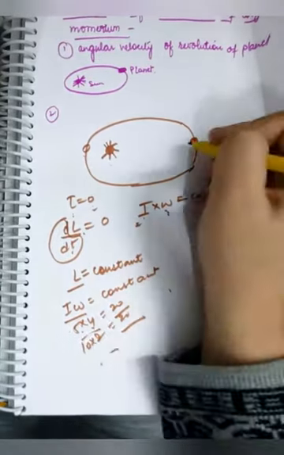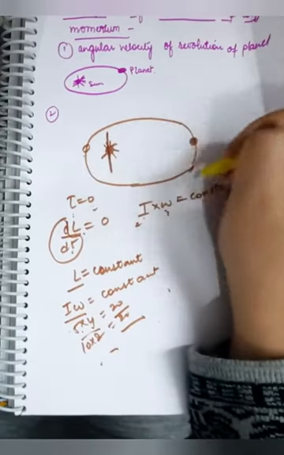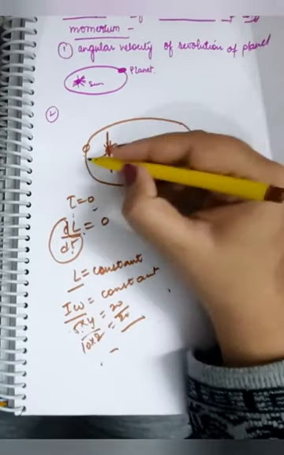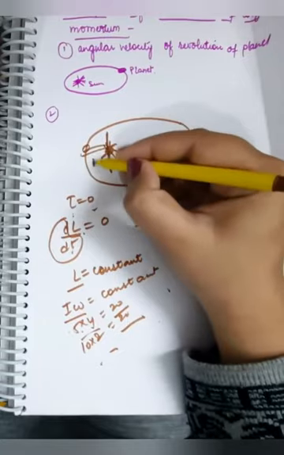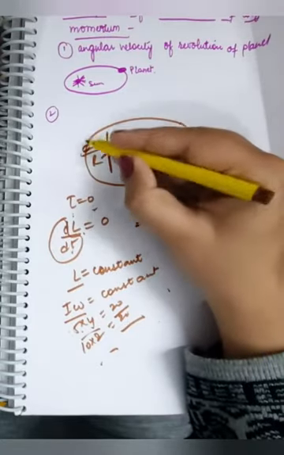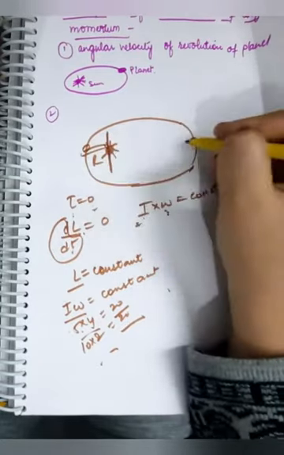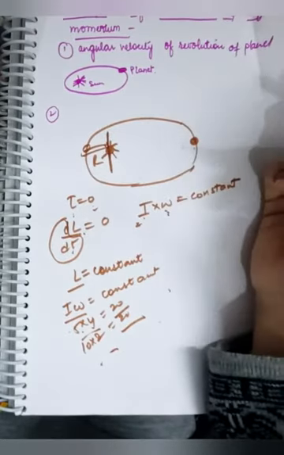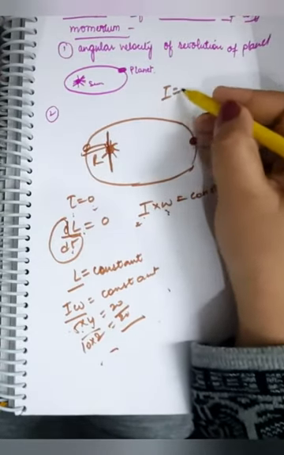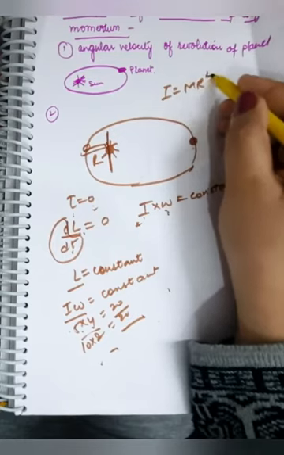Now when the planet is coming closer to the sun, don't you think the sun is the axis of rotation kind of a thing? Because the planet is revolving around this. So its distance from the sun decreases. When the planet comes closer, its distance from the sun decreases. But I, moment of inertia, is equal to m r square.